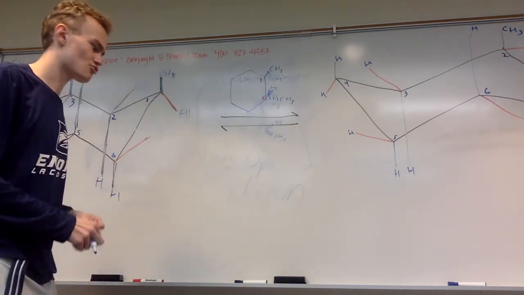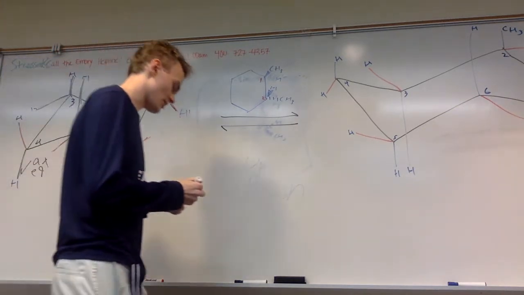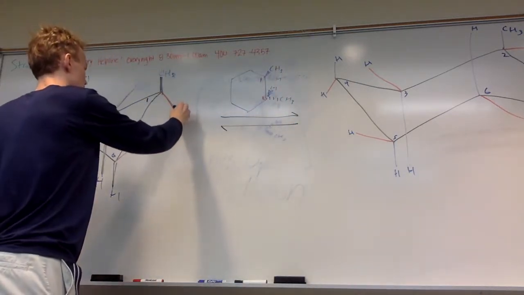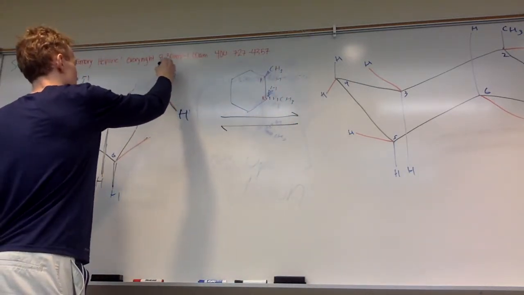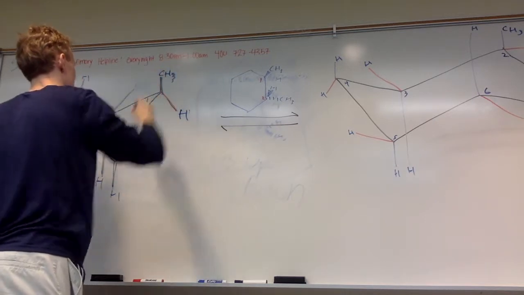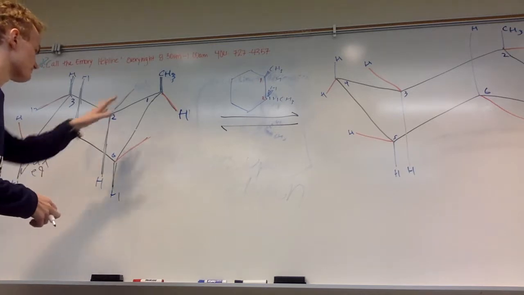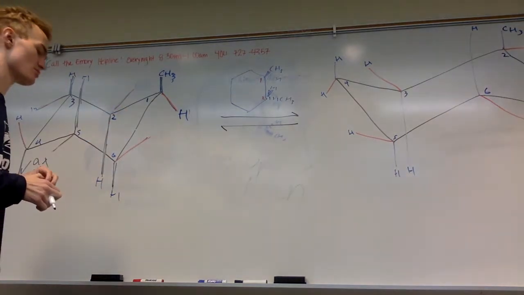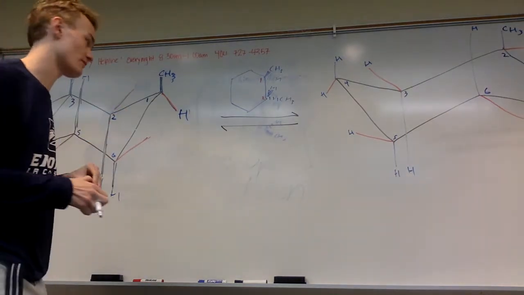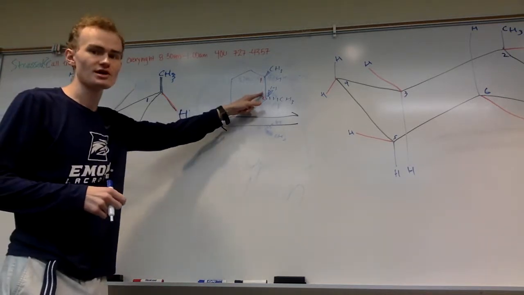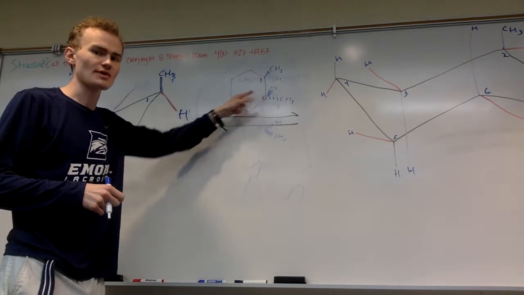Let me just draw this a little easier so that it'll be a lot easier to see. Now when we draw the trans version of it, notice that the hydrogen over here is on a wedge, so it's going up.